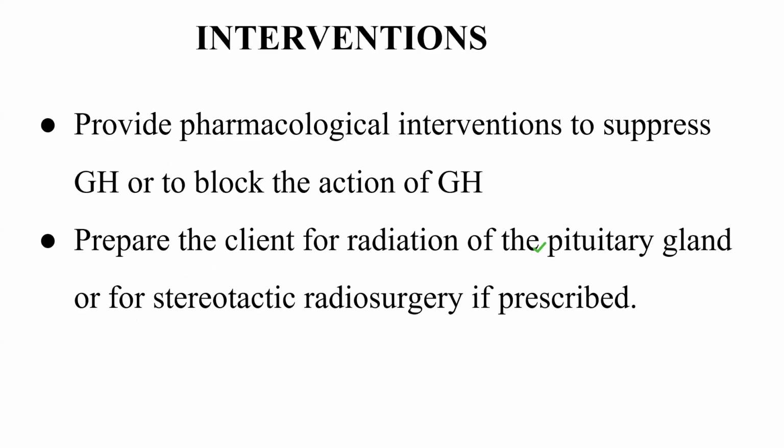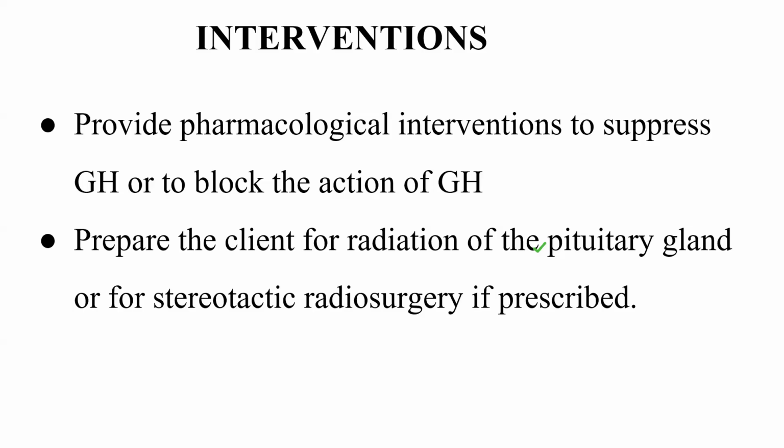Recall, we said the primary cause for this dysfunction is a primary tumor. The major cause is tumor. Because it's a tumor, you want to radiate that tumor. You want to kill the tumor cells away from the normal cells. Remember in our last class, we differentiated chemotherapy from radiotherapy.